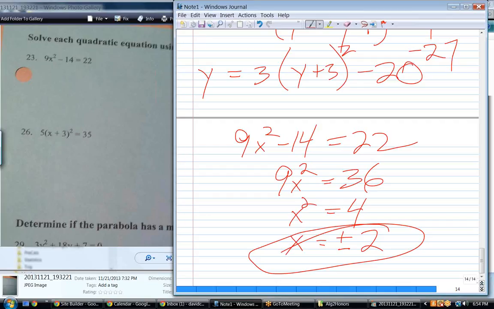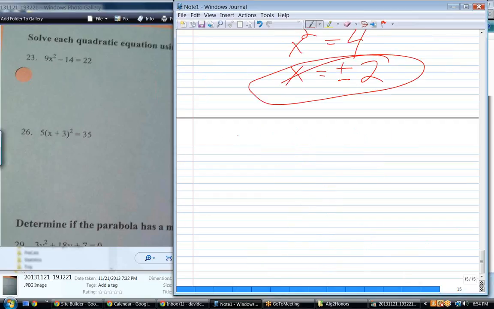And how about 26? It's similar. I could solve 26 the old-fashioned way, which is to FOIL that. Then I'm going to have an x squared term, an x term, and a constant. In other words, I would expand that, gather everything together on the left side, and then probably try to solve it by factoring it or something. But there's an easier way to solve this also.